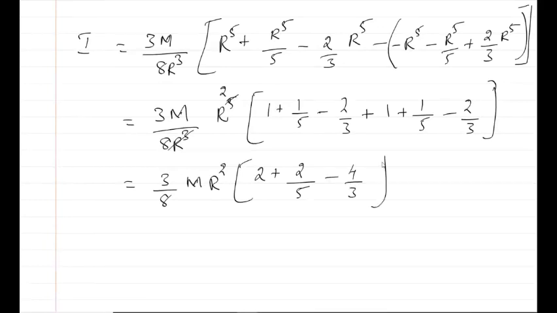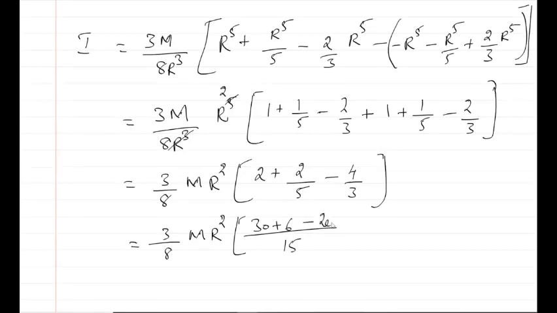Now take an LCM here. 3 by 8 mr square. Now if you take an LCM, it will be 15. That will be 2 times 15, so this will be 30, plus 6, minus this will be 5 times 4, 20.